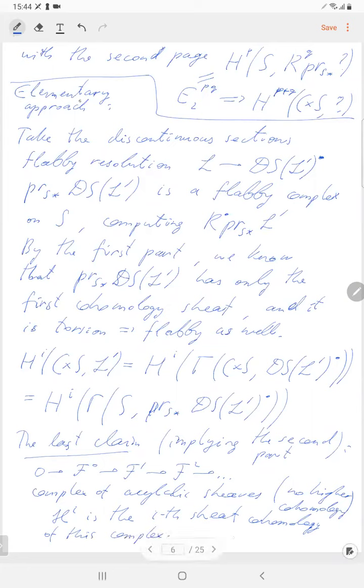Then the, so to say, hypercohomology, the global cohomology, the cohomology of global sections of this complex, is just the global sections of cohomology of this complex.